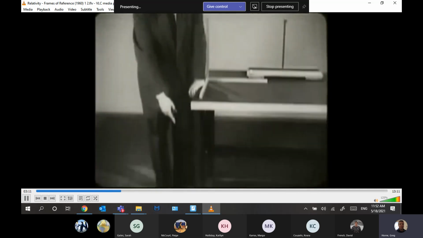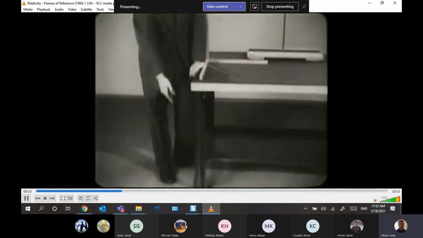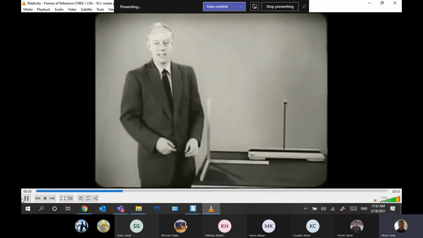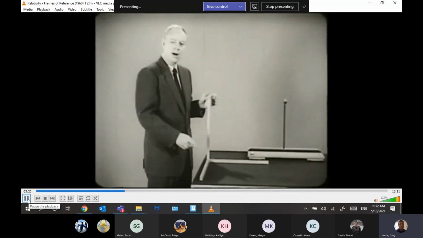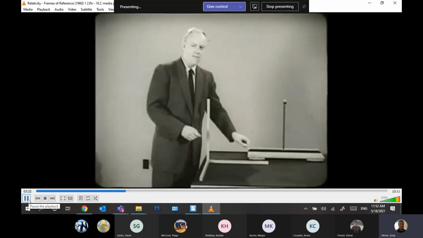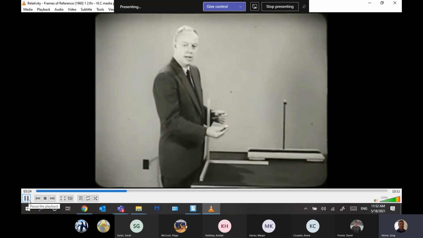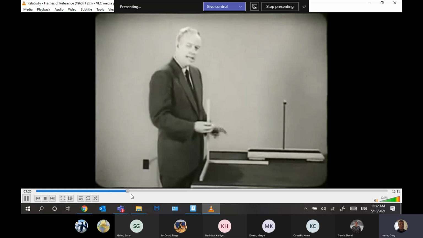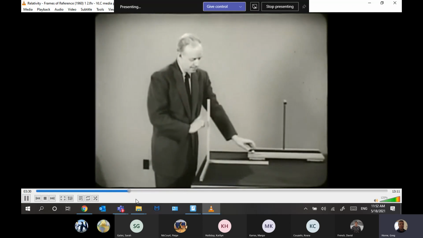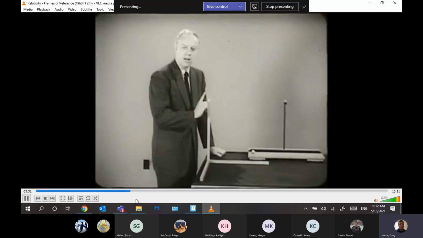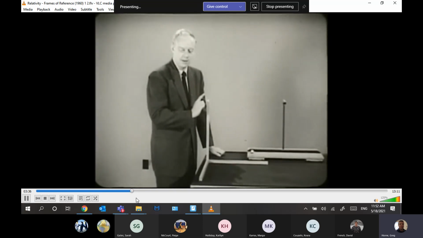The table is bolted to the floor, the floor is anchored in the building, and the building is firmly attached to the earth. Of course, the reason for having 3 rods is that the position of any object such as this ball can be specified using these three reference lines. This reference line points in the direction which we call up, which is a different direction here than it is on the other side.